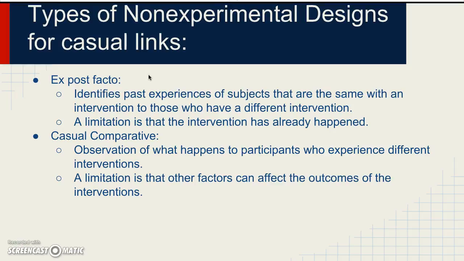This is also a limitation of the study since the intervention has already occurred and is not manipulated in the current study. In causal comparative, the researcher observes what happens when subjects experience different interventions. The interventions, however, are not controlled by the researcher. An example would be the effect of tutoring on students' achievement scores. A limitation is that other factors could affect the subjects, such as test scores in the example.